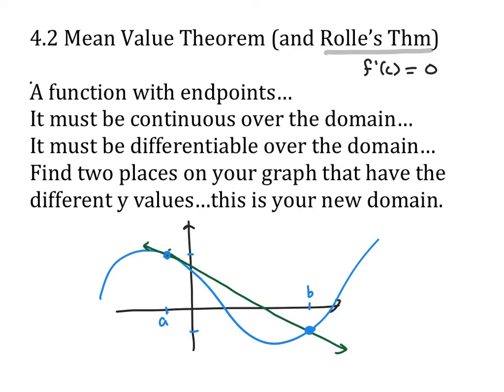And what's changed here is instead of it being 0, I now am looking for a place where the slope of the tangent line, which happens to be the value of the derivative on that curve, is the same as the slope of the secant between those 2 points.